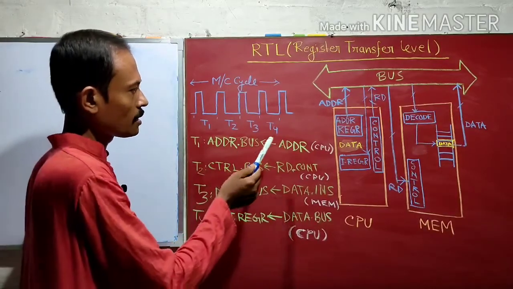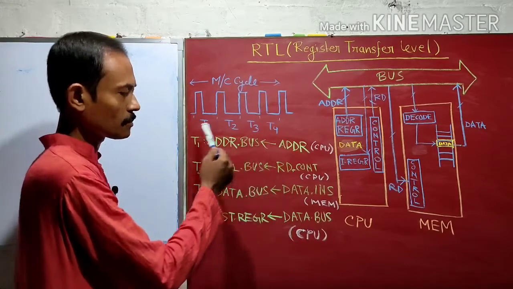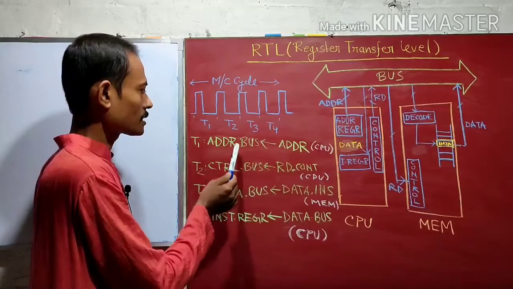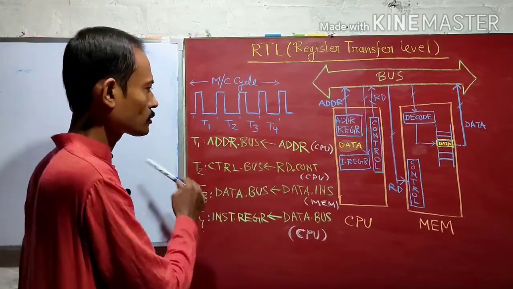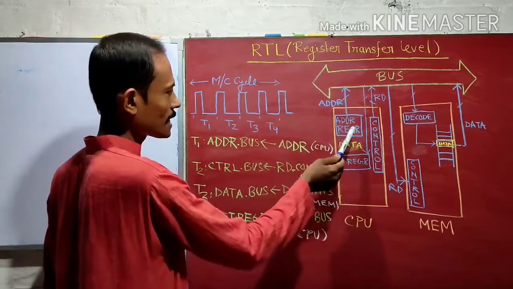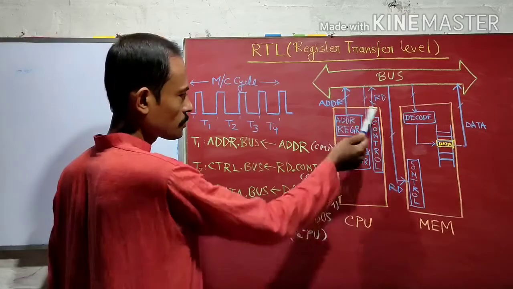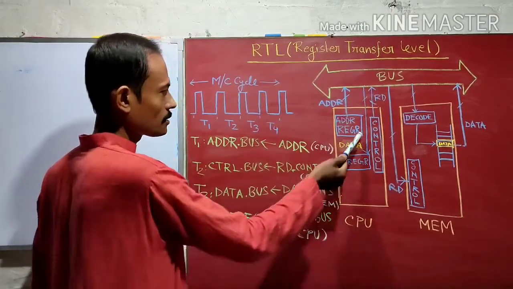Last day we already saw the basic operations of the 4 states. What was the first state? That means the first state will be executed in the first clock pulse. Then the CPU will generate the address, and that address, within the CPU, will be stored in a register.